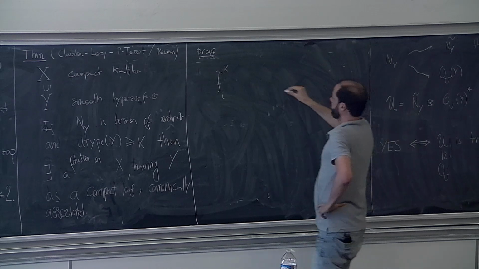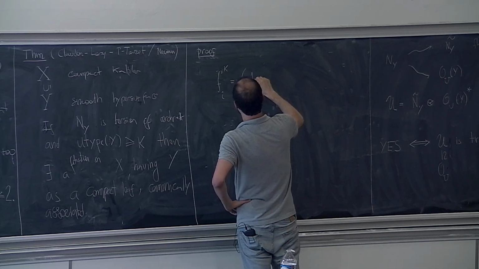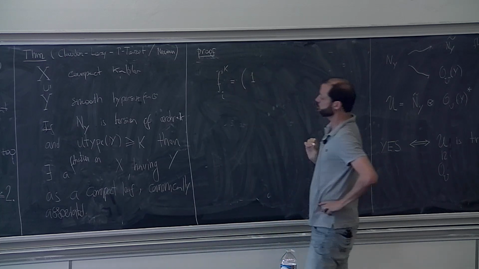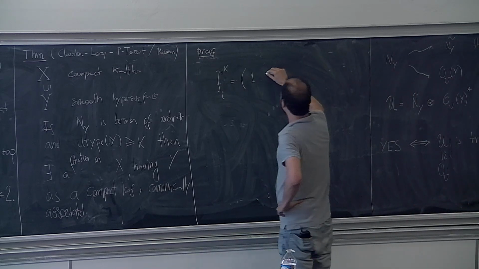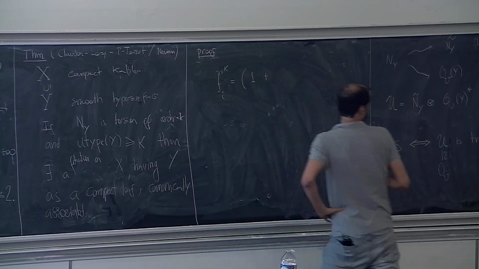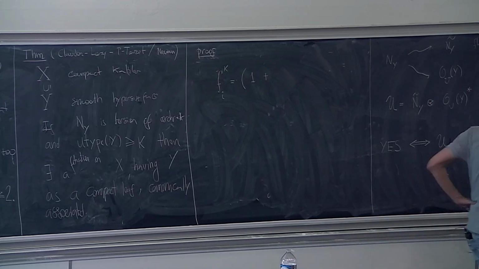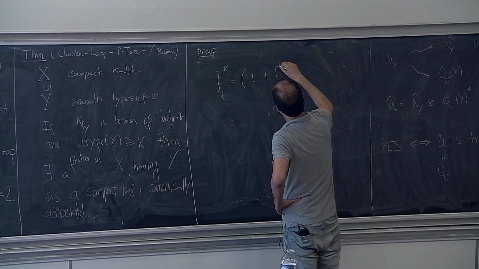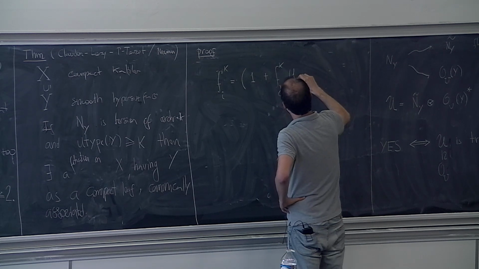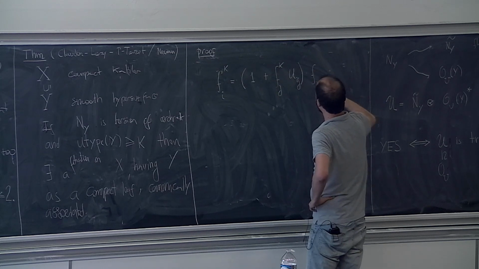If we look at f_i to the power k, we will see that this lambda_ij will become 1, because they are kth roots of unity. And here, since the type is at least k, I can also write this as f_j^k times u_ij times f_j^k.